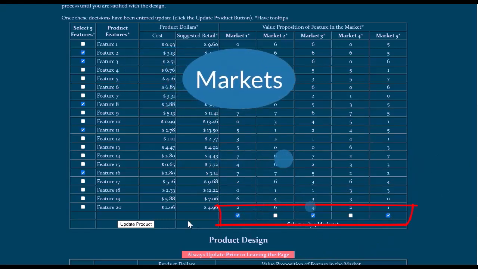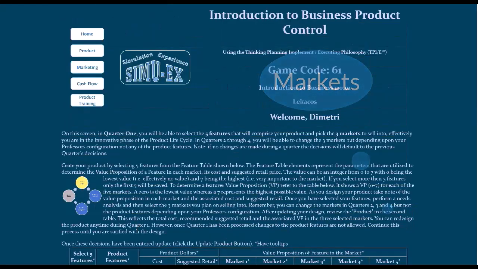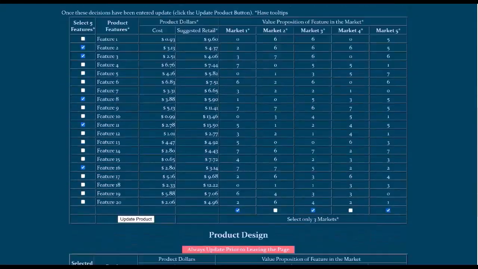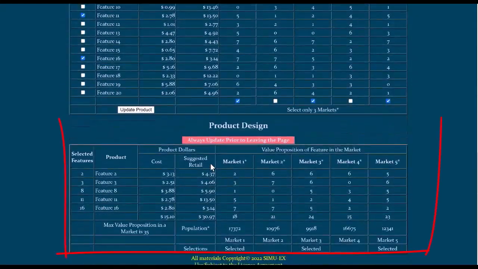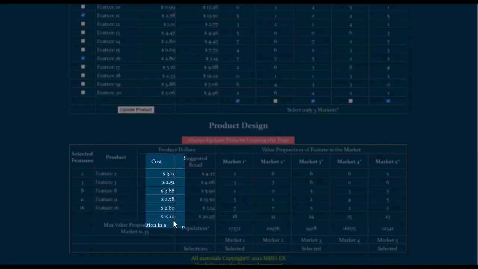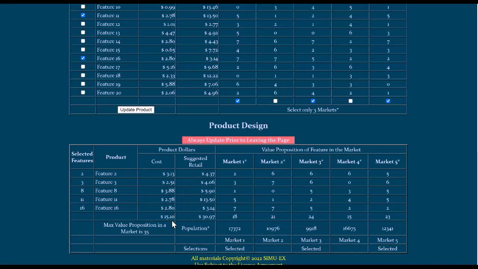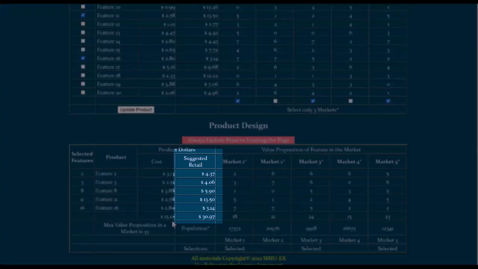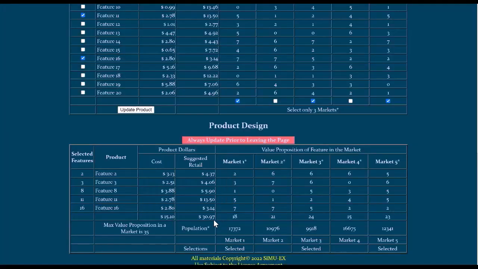And so if we update the product, the second part of our product design screen essentially gives us an overview of what we have done. It shows us the 5 features, the sum of the costs of those features, and the sum of the retail price. In this case, $30.97 is suggested retail.